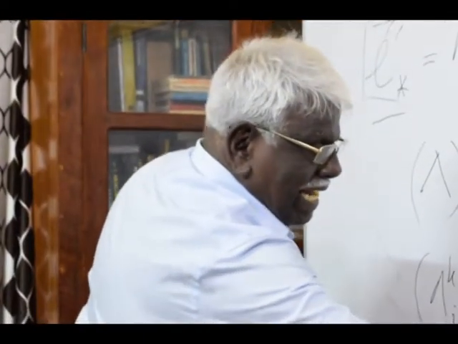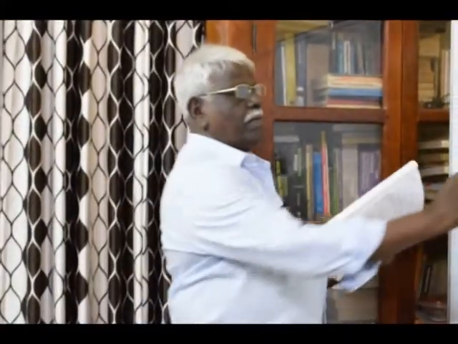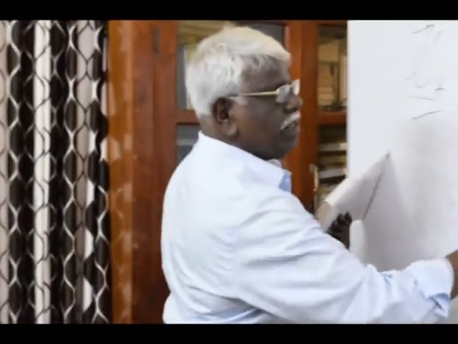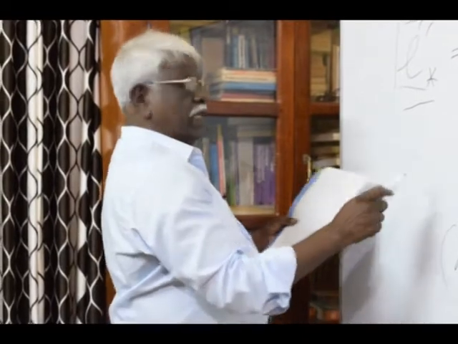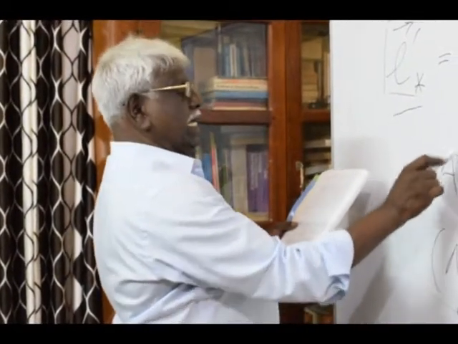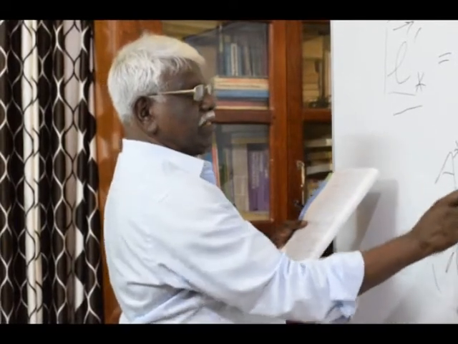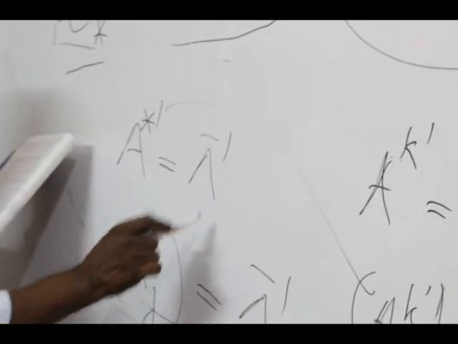What is this? Lambda k dash, matrix lambda k dash I is nothing but lambda inverse. So I write matrix A star dash is equal to lambda inverse matrix A star.